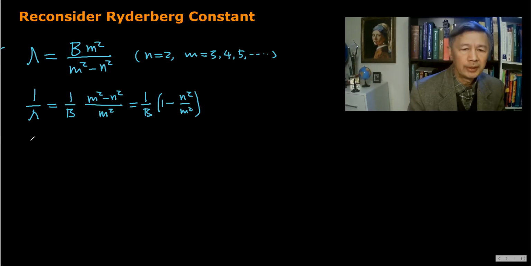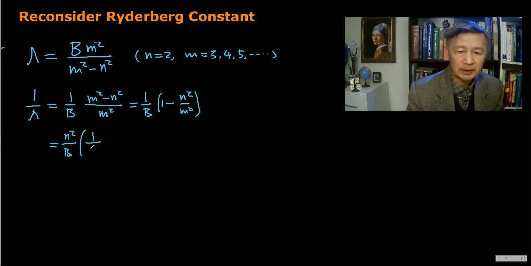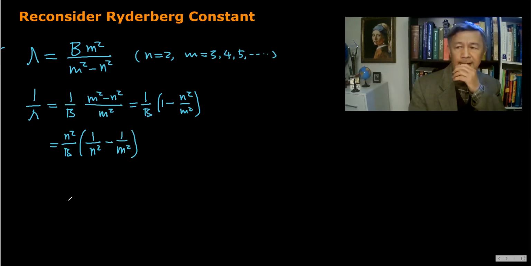Furthermore, we can factorize n squared, so that we get the difference of two similar terms, one is 1 over n squared, another is 1 over m squared. In this way, Rydberg obtained his new formula.